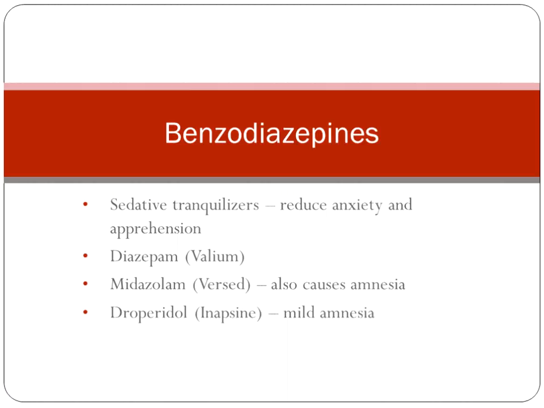Midazolam or vitamin M is our Versed, a very nice drug, used a lot with patients because it also causes amnesia. So once patients hit the operating room, they don't remember much of what has transpired. The second one is droperidol. Droperidol or Inapsine is used for mild amnesia and sometimes used to reduce nausea.